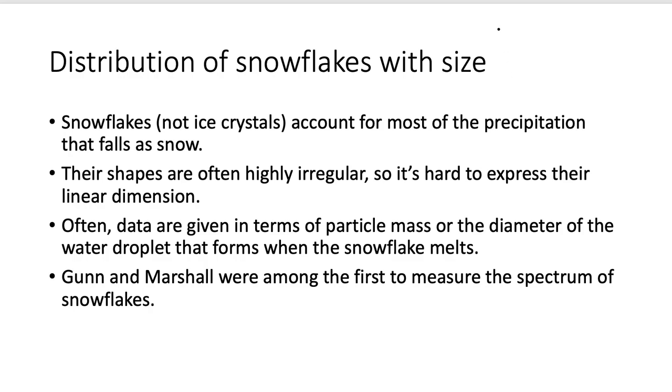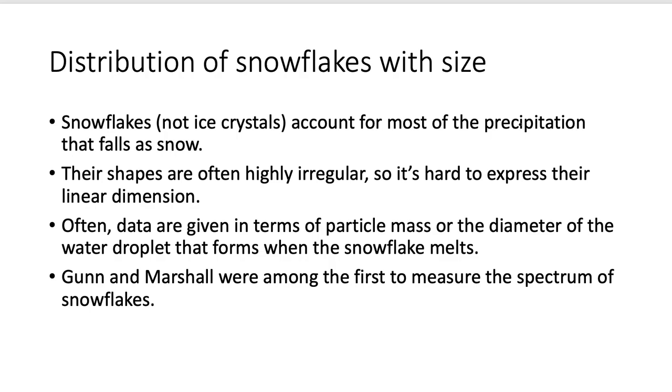Snowflakes are highly irregular, as we all know. I'm assuming you've all picked up snowflakes at some point in your life, and they are kind of flat, and they have weird fractal shapes. So how do you measure this size distribution?